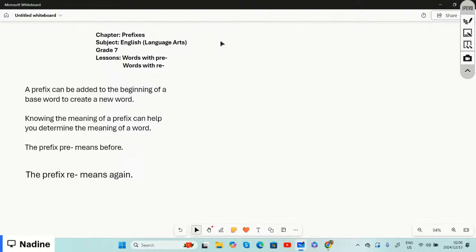And the lessons that we are going to be focusing on under the chapter of prefixes are words with pre and words with re.